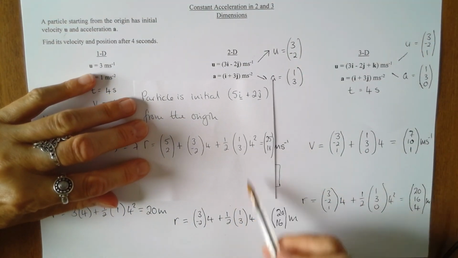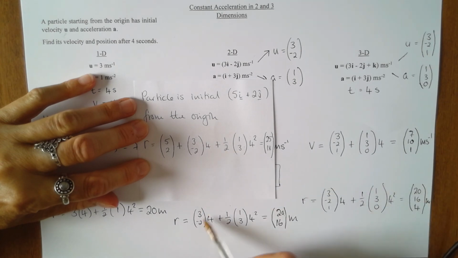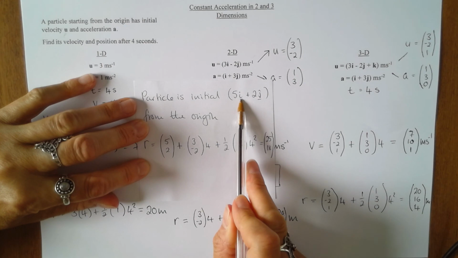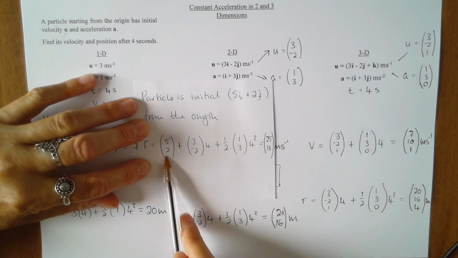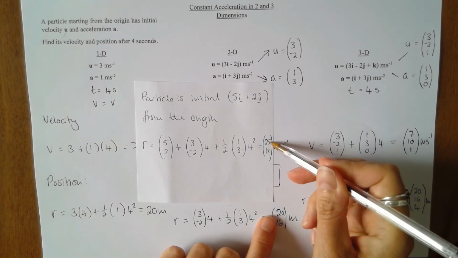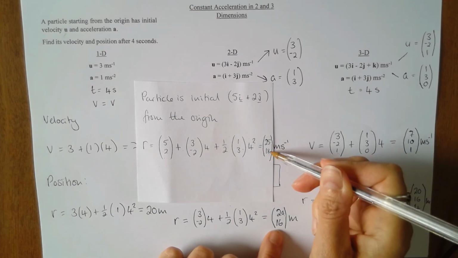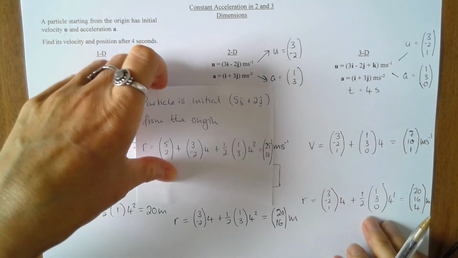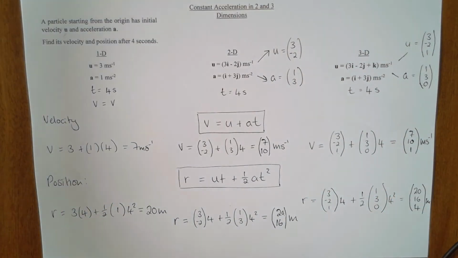I have these two terms exactly the same, with the addition of it started 5i plus 2j from the origin. Adding those in, I add 5 to the i component and 2 to the j component. And that's the only difference between the two.